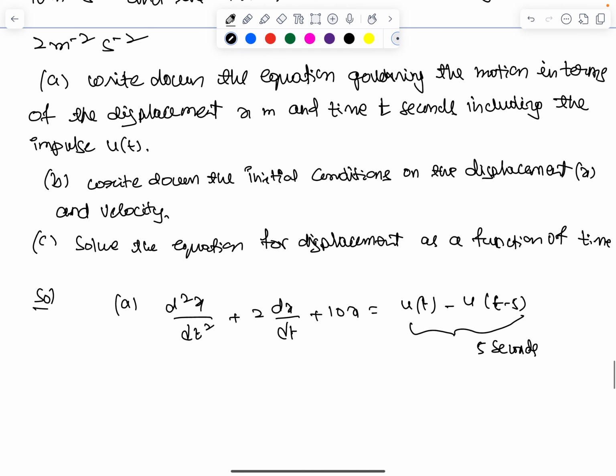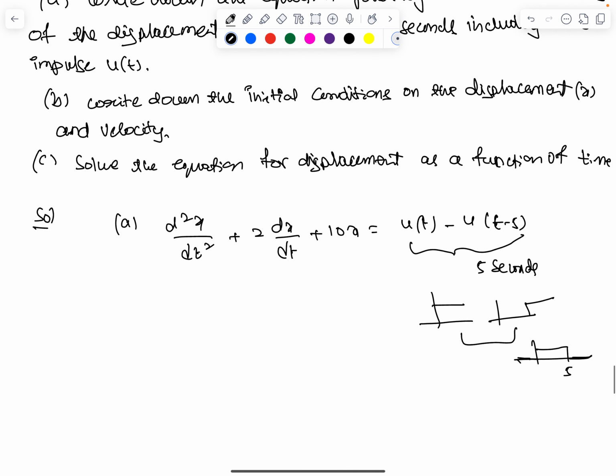So, this is like u of t is like this, and u of t minus 5 is something like this. Therefore, if you draw it, the signal is only active for 5 seconds. Elsewhere it is 0. Okay, that is the meaning of it. And further, they ask you to write the initial conditions x of 0 and then x prime of 0.